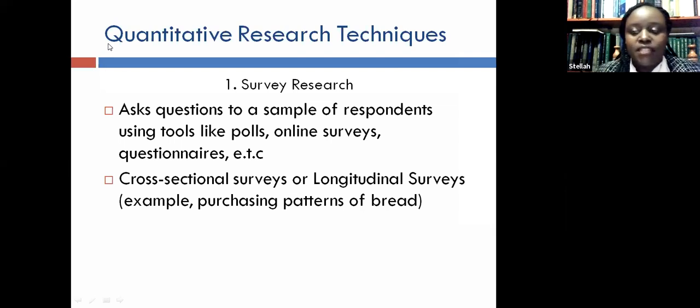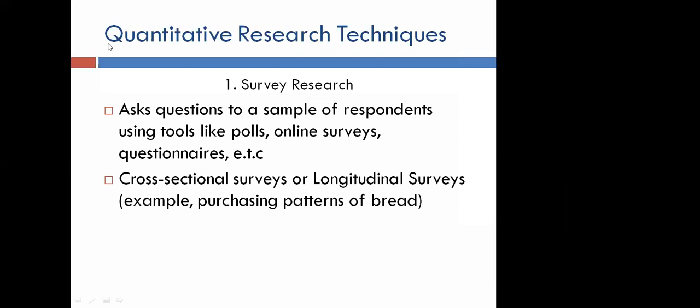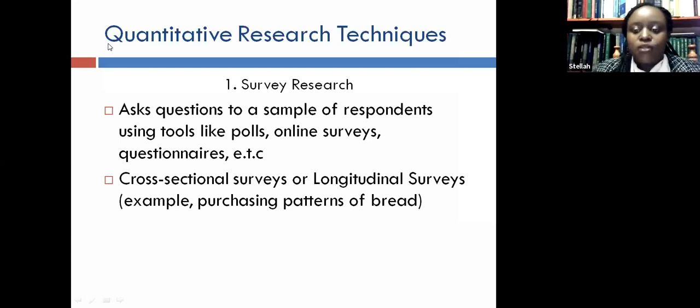What is the current purchasing pattern of bread, maybe in Kenya? But if you're looking at a longitudinal survey, you might want to look over a period of time. What has been the purchasing pattern of bread in Kenya over the last 6 months? So that brings in the aspect of longitudinal survey. So in quantitative research, to carry out a survey, you can use the two methods, cross-sectional or longitudinal.